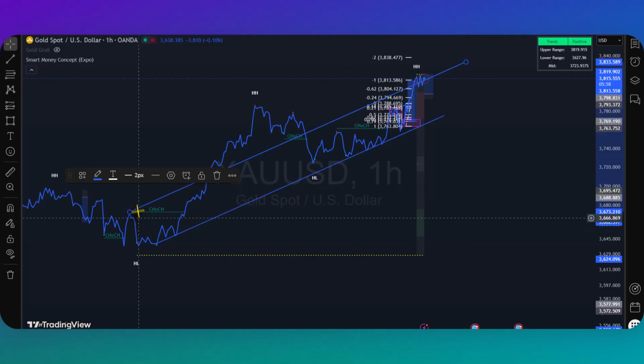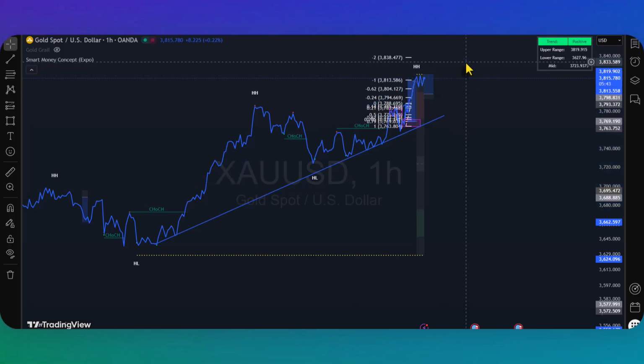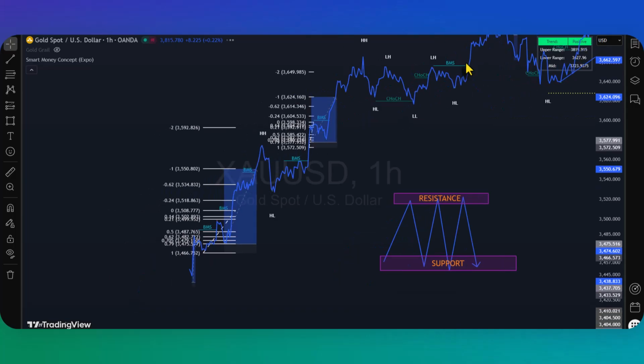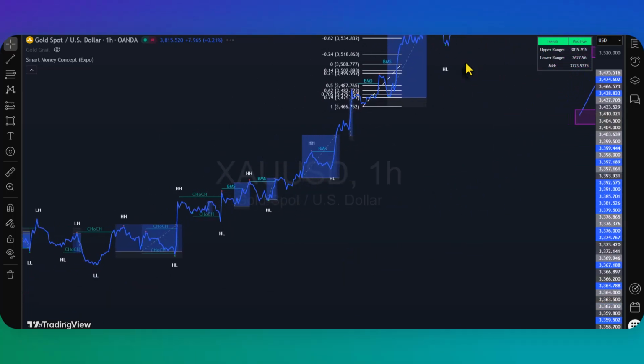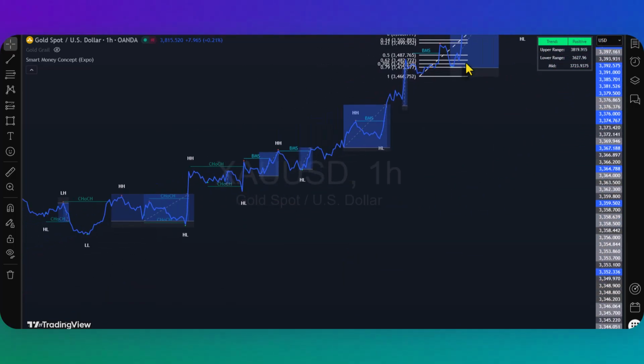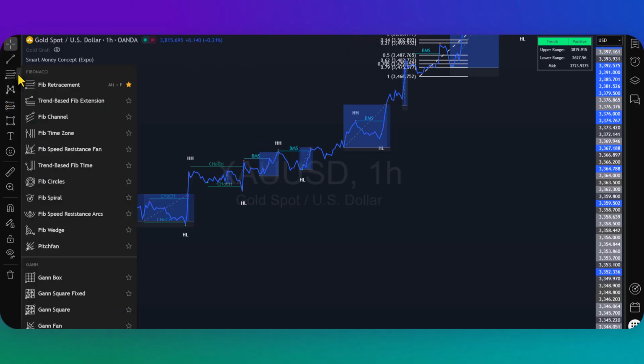So if price is moving in this channel, then we say it's trending up in that channel. Do you get it? But this one, I'm just trying to show you how a channel would look like. But let me see if I can get a very good example of a channel. Probably let me look for the tool.